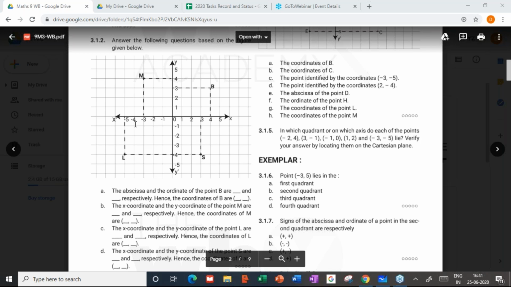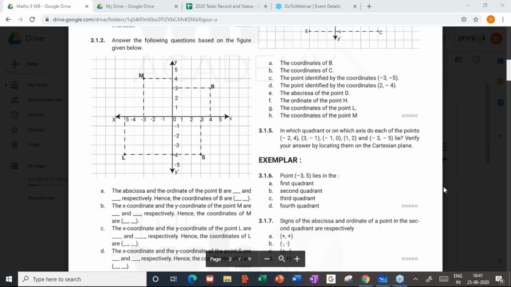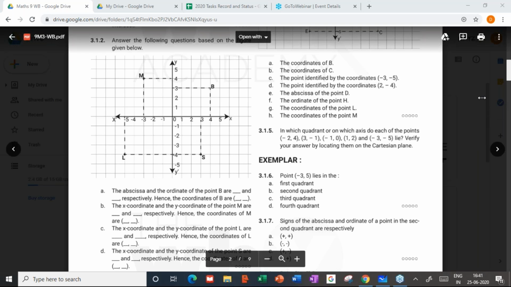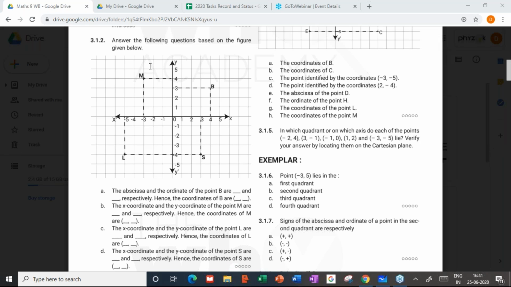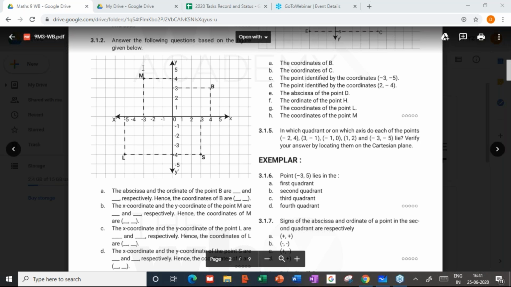So it will be in the second quadrant. Clear? No confusion now, right? Just see this graph right here. It's right there, isn't it? So you can just see the graph, and it's minus 3 comma 5, so it's going to be in the second quadrant.